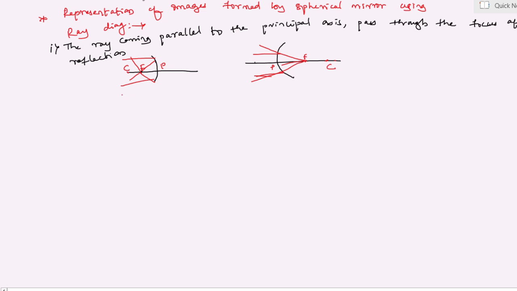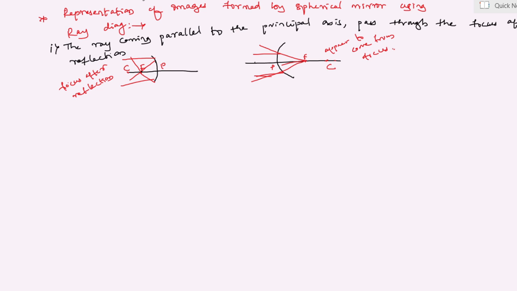The ray passes through the focus after reflection, and in a convex mirror it appears to come from the focus. I remind you once again, the ray coming parallel to the principal axis passes through the focus after reflection in a concave mirror. What happens in a convex mirror? It appears to come from the focus in a convex mirror.